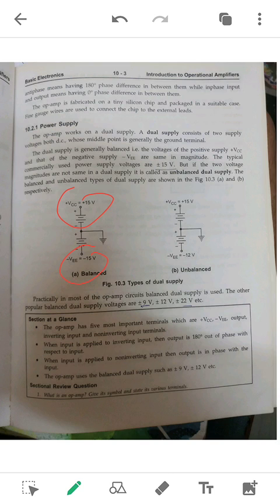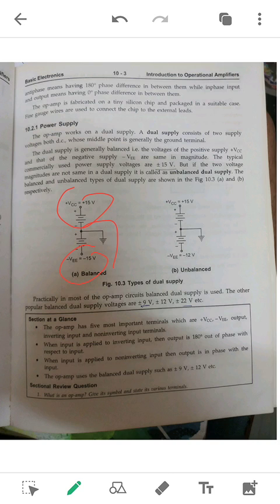Plus VCC is plus 15 volts, whereas minus VEE is minus 15 volts, with a ground in between. Both voltage magnitudes are the same. Then it is called balanced.